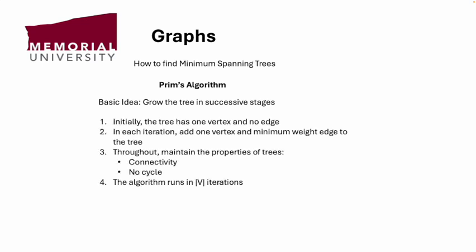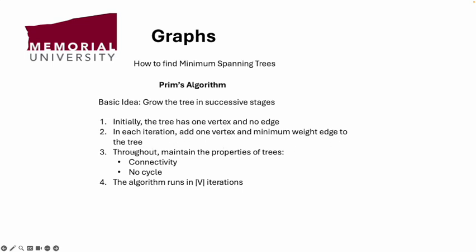So the steps are: first, initially, we find one vertex, any vertex in this graph, no edge, just any vertex. And then we start a loop or iteration. We add the vertex and find the minimum weight edge into the tree.